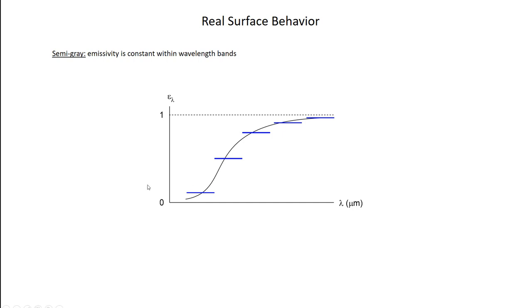And then within each wavelength band, we will require that each surface has a constant emissivity, but the emissivity can be different in different wavelength bands, and so that lets us at least start to look at surfaces that have spectrally varying emissivity. So surfaces like this one, we can't simulate exactly, but we can simulate it more and more closely by breaking up the wavelength band into smaller and smaller bands, right? So that's a semi-gray analysis.